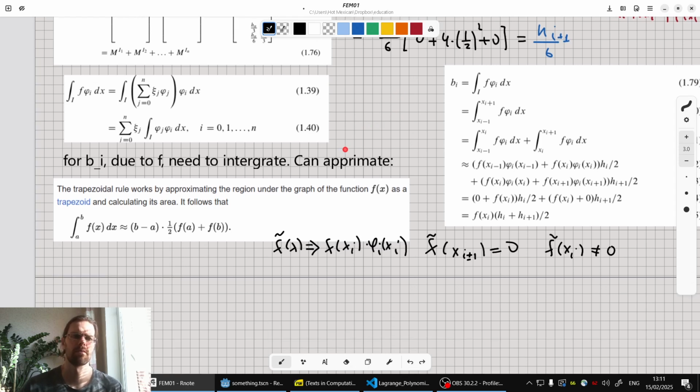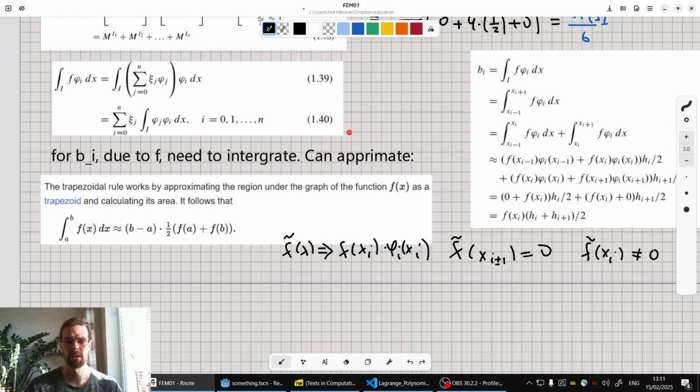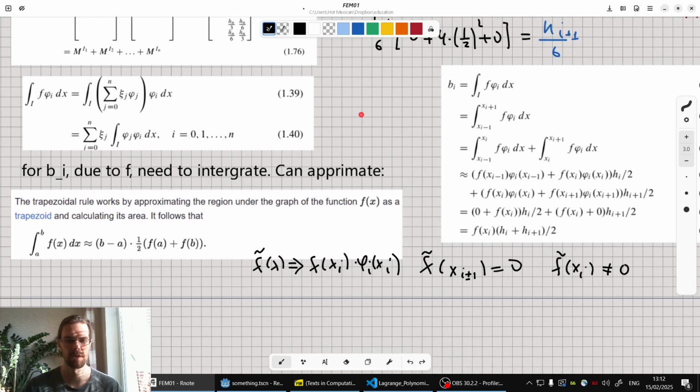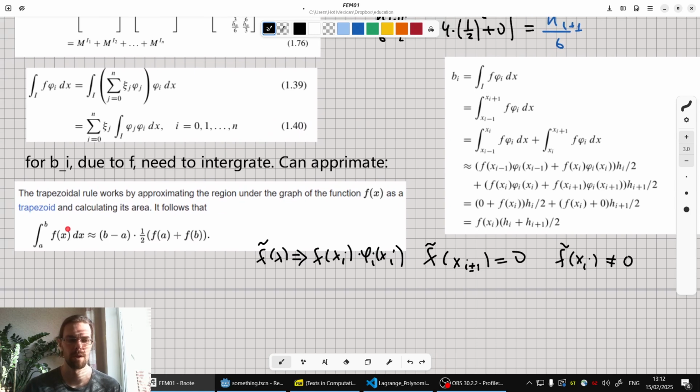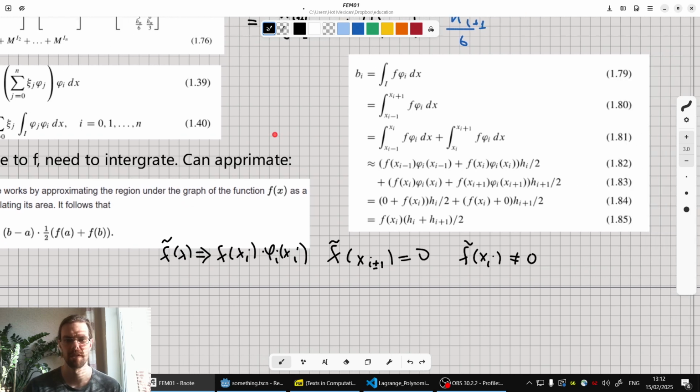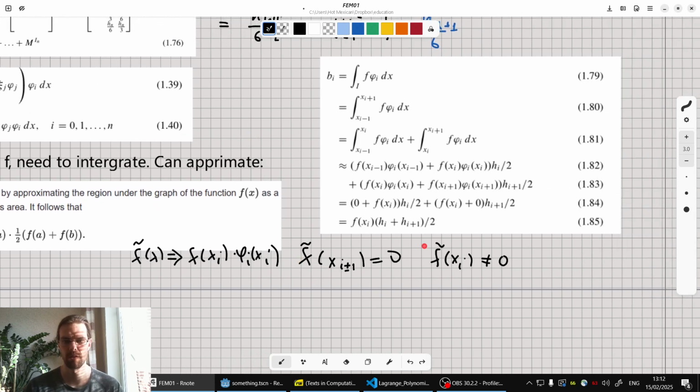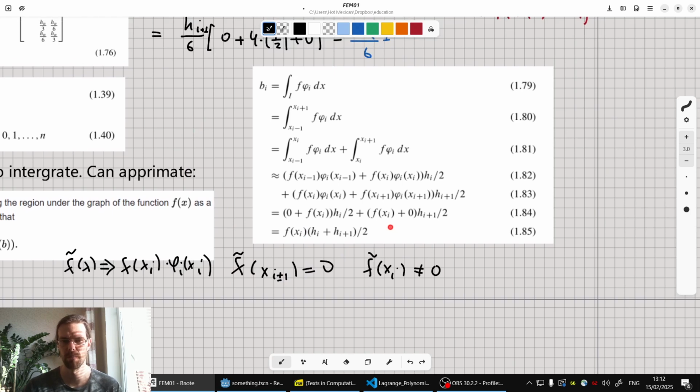So instead, we actually have to somehow integrate. And in the book they propose to use the trapezoidal rule also, but we can also simplify things, because we know that on the edges we will have something multiplied by 0, and we will get some values of this vector.